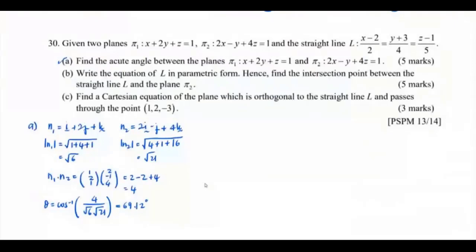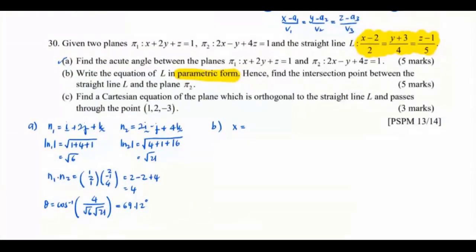Part B, write the equation of L in parametric form. From what is given, it is Cartesian, so we must convert to parametric. You must remember the pattern: x minus A1 over V1, y minus A2 over V2, z minus A3 over V3.